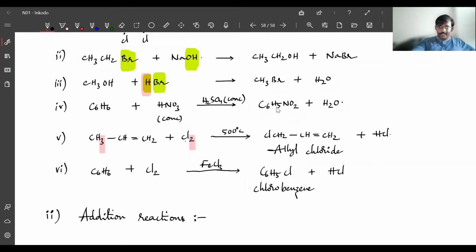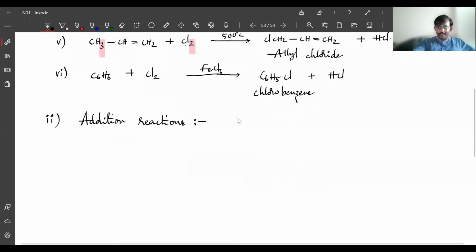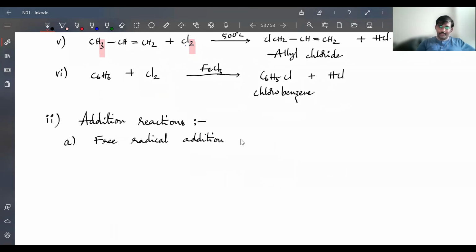So in addition reactions also, we have three types based on the reagent it is producing. Free radical addition reactions I have. Next, nucleophilic addition reactions I have.